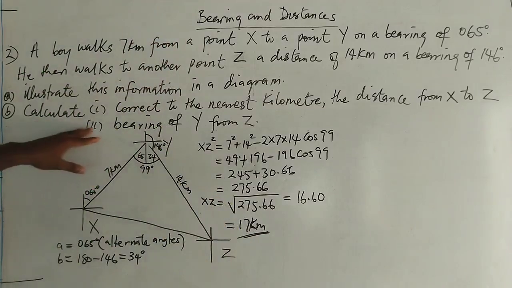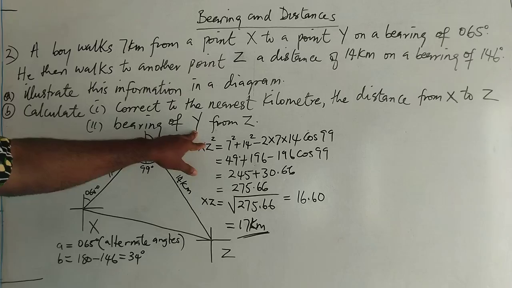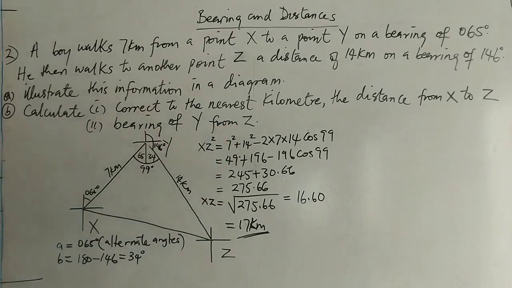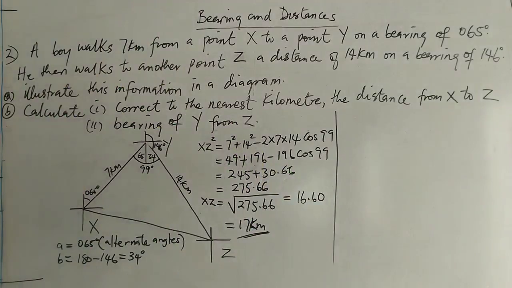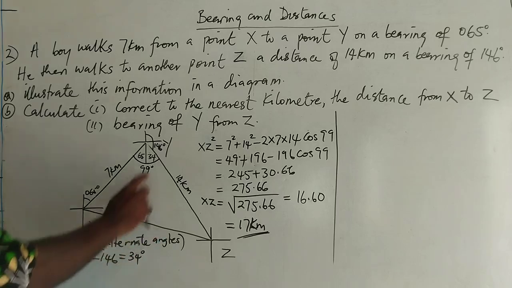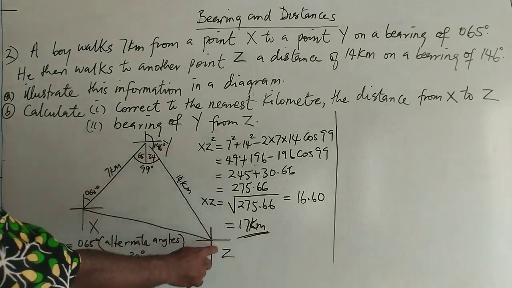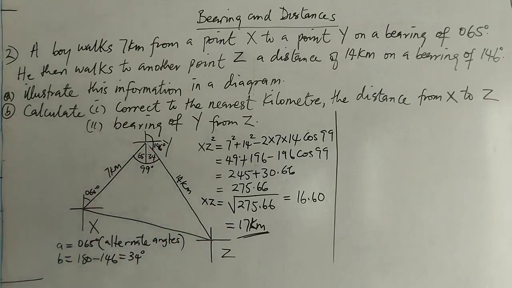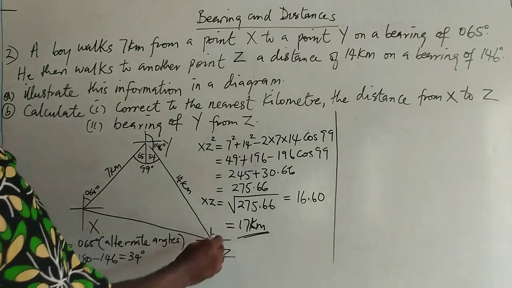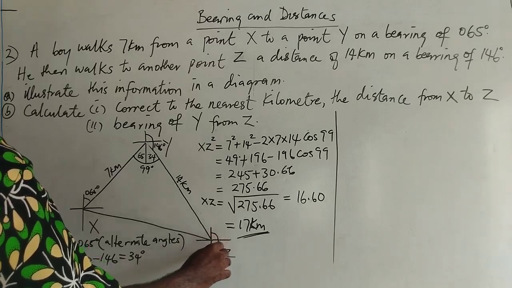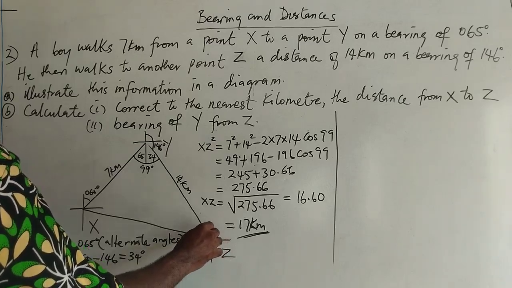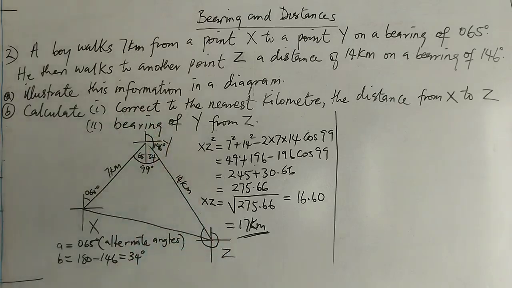So the bearing of y from z. That means you go to z, starting from the North Pole, draw your arc until it touches the line going to y.